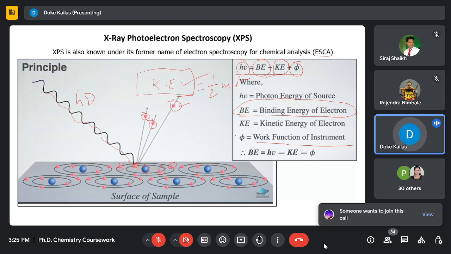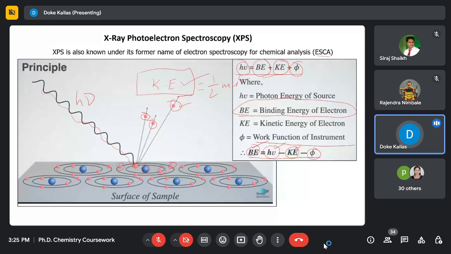When we know the incident radiation energy, the X-ray energy, and when the instrument measures the kinetic energy, and when we know this constant, which is the spectrometer's constant, the work function, then the instrument automatically subtracts: total energy of incident radiation minus kinetic energy minus work function. That gives the binding energy.